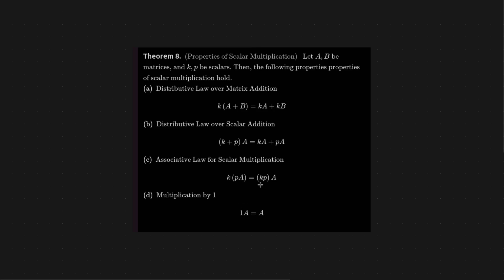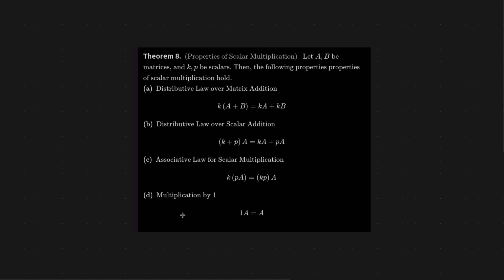We have the associative law for scalar multiplication: if I'm multiplying a matrix by two different scalars, it doesn't matter if I scalar multiply one of the scalars first, then the other, or if I multiply both scalars together first, then perform the scalar multiplication.